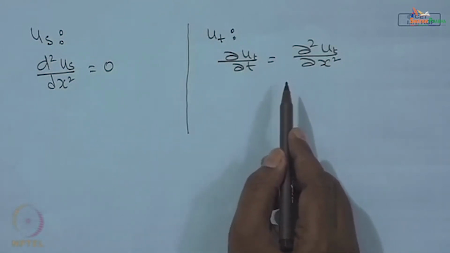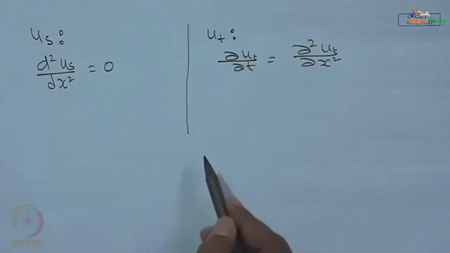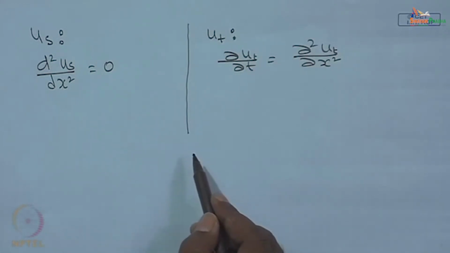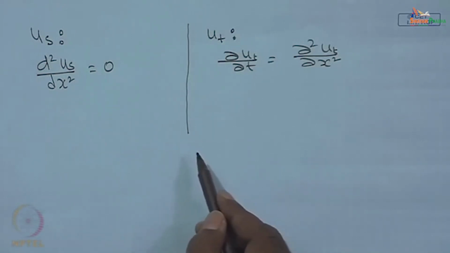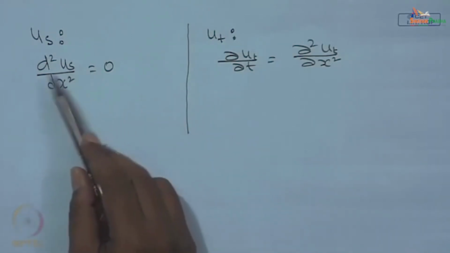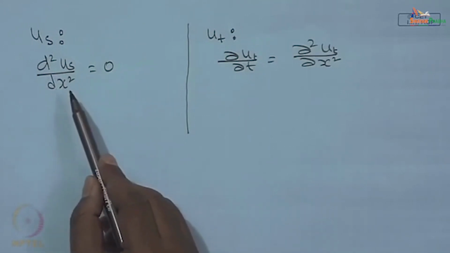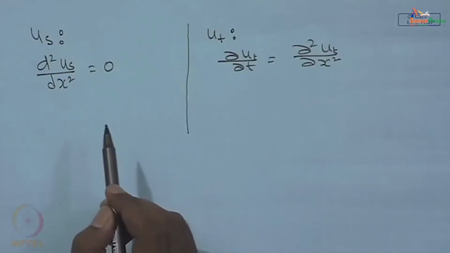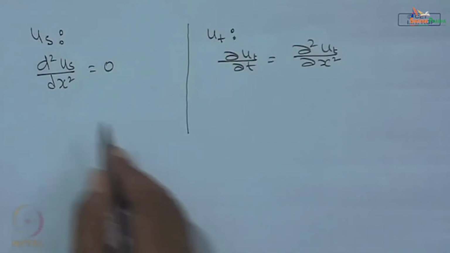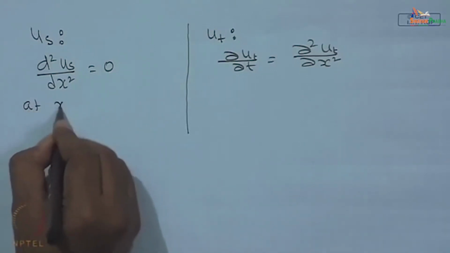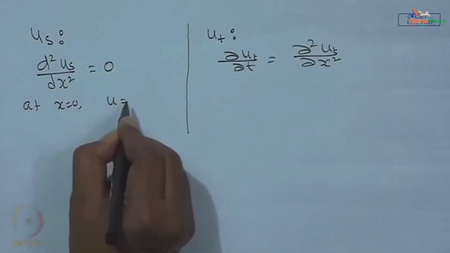So, now we set the boundary conditions. If you look into the boundary condition of the original problem, we do not require an initial condition in the space varying part, because we require to have the boundary condition only. So, if you look into the boundary condition of the original problem, that is at x is equal to 0, u is equal to 0.